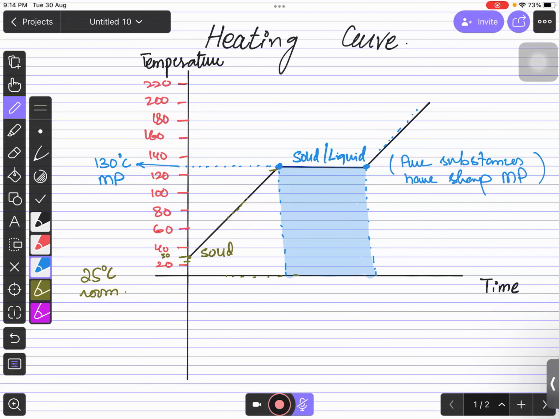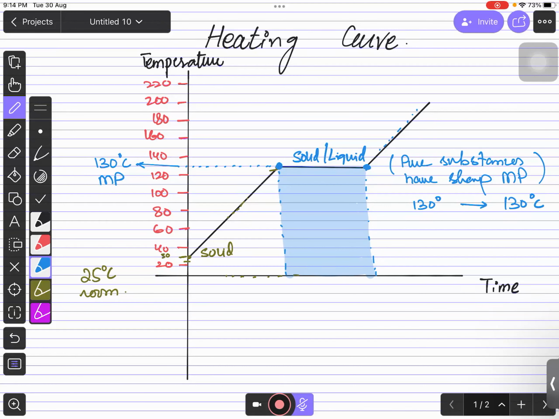For example, the temperature at which melting started is the same temperature at which melting completes, right? There is no range of temperature. It starts melting at 130 degrees centigrade, and all the substance has completely melted at 130 degrees centigrade. Temperature is completely constant, right? That means this substance is pure. Whatever the solid is, it is completely pure, with no impurities in this substance.